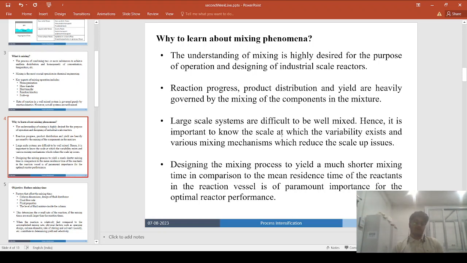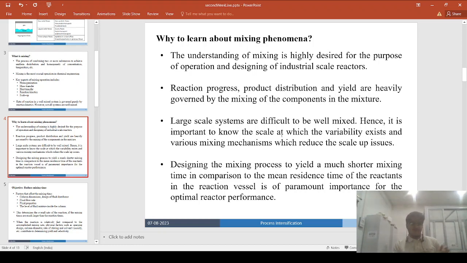If your residence time is very high and the mixing time is very low, the reaction will happen over the whole residence time for which the component is inside the reactor. If you do not perform mixing, such species molecules will go unreacted, or they will not be able to experience the full potential of the residence time.